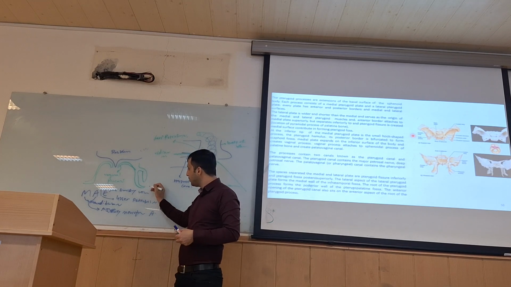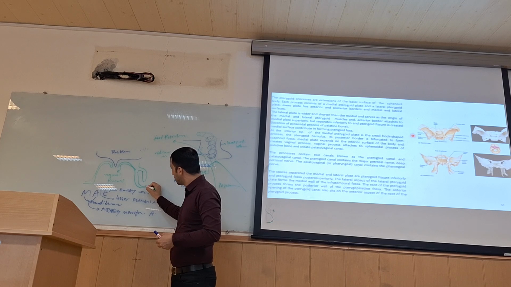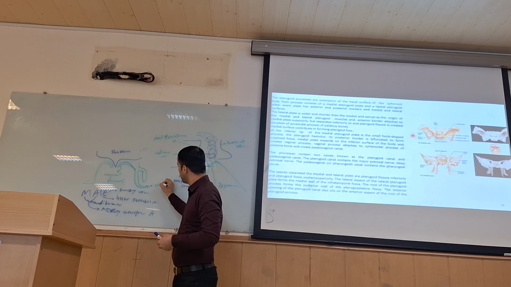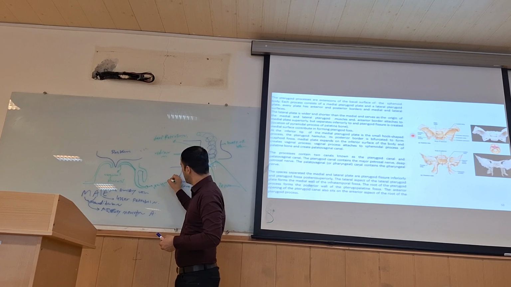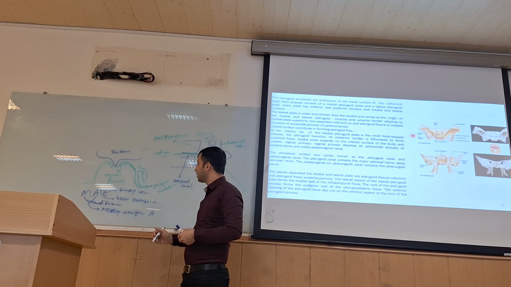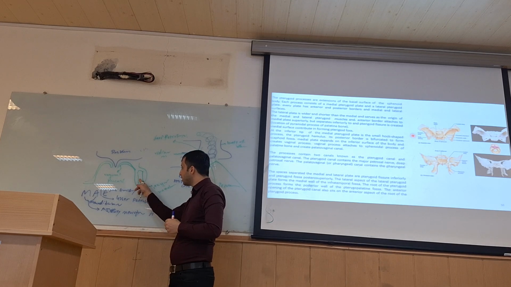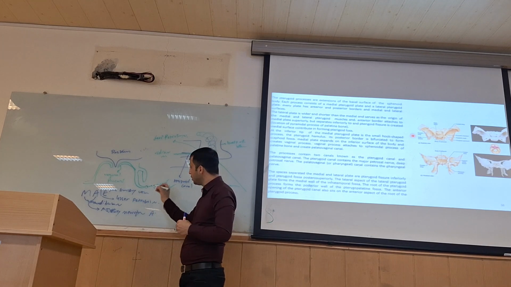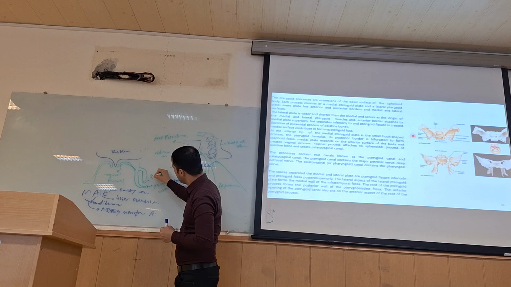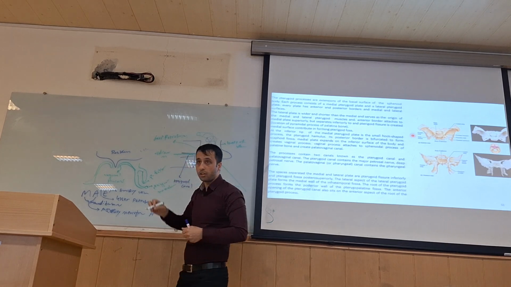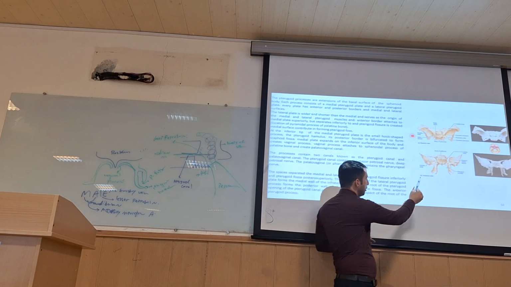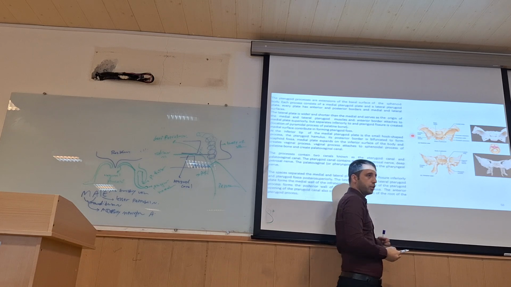The end of the medial plate makes the pterygoid hamulus. Okay, pterygoid hamulus. Here, between medial and lateral, we have a fissure. It is named pterygoid fissure. Look at here. This fissure is named pterygoid fissure.